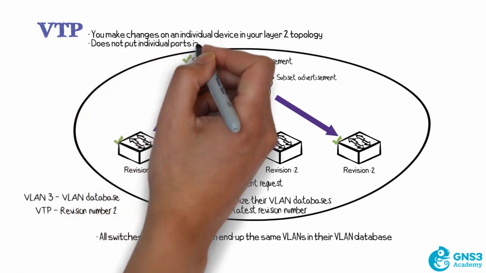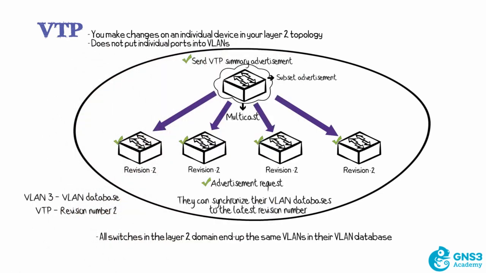Once again, be careful. VTP does not put individual ports into VLANs. You as an administrator still have to configure a port such as gigabit 101 as an access port and put it into VLAN 10. VTP simply updates the VLAN databases of switches so that they know which VLANs exist in the topology.